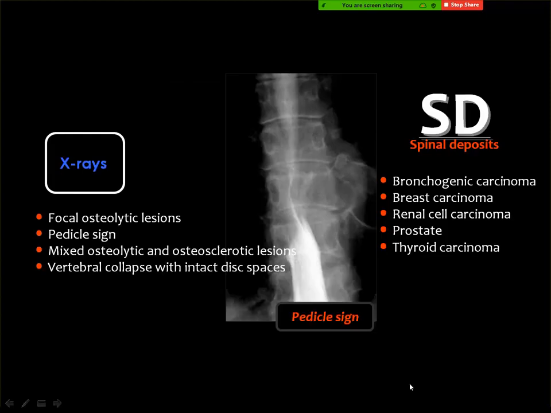So the need for injection of contrast material in MRI for evaluation of metastasis actually is not an issue, in my opinion, of course.